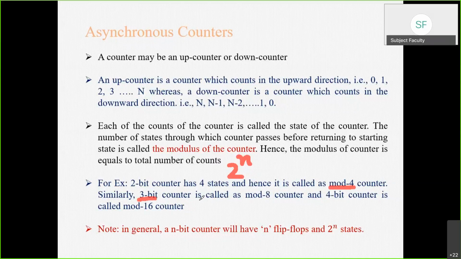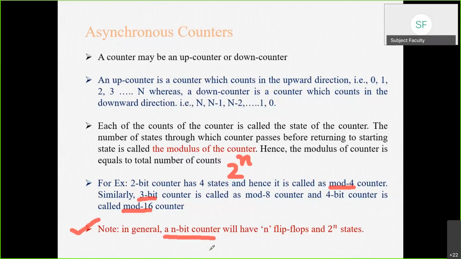So a 3-bit counter is also called a mod 8 counter. And a 4-bit counter will be called a mod 16 counter, like that. Okay. So this point is again very important, that in general for n-bit counters, suppose someone has given you that my counter is 5-bit, let's say.